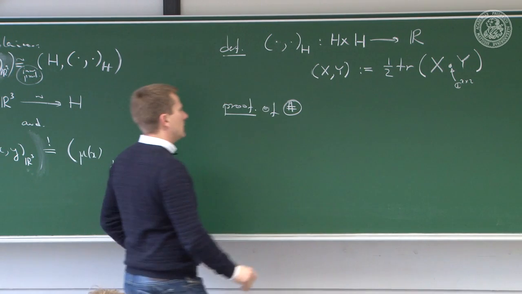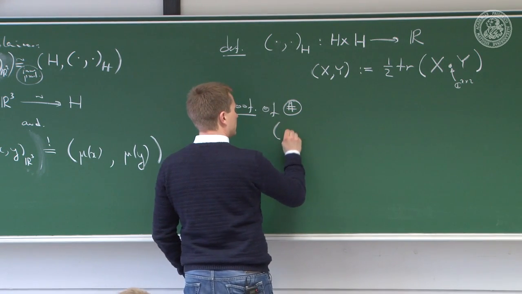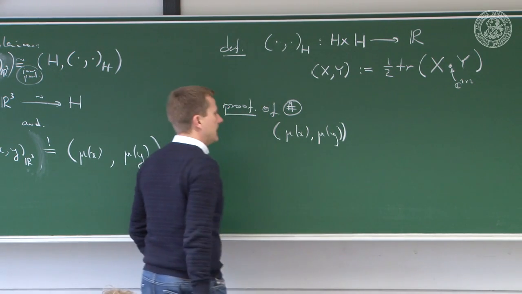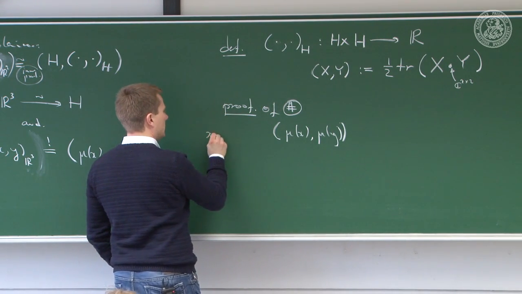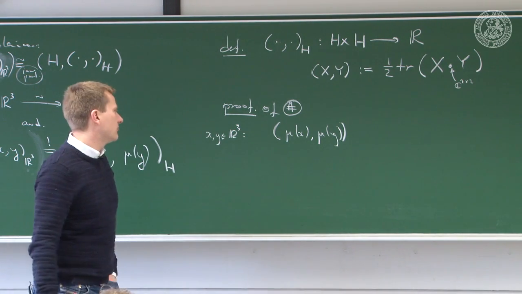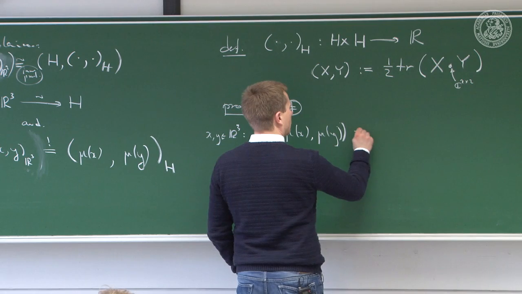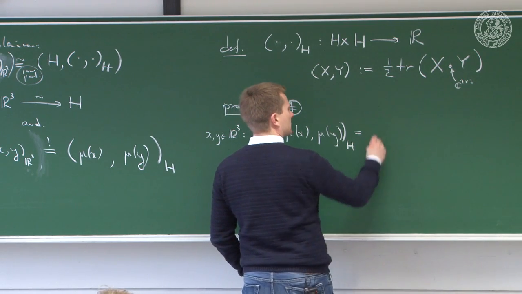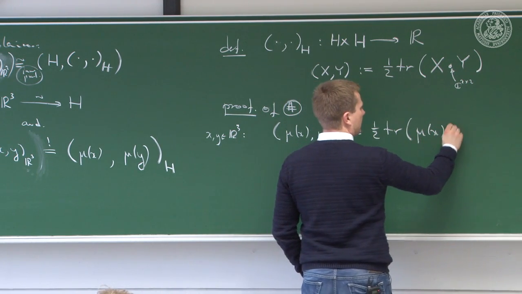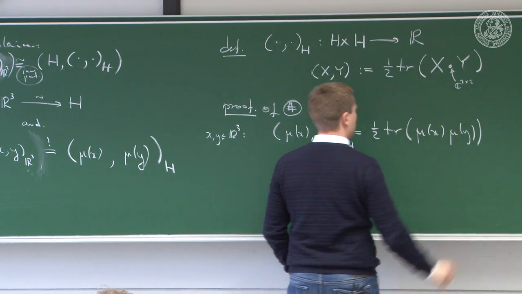Okay. So let's start with the mu of some x and the mu of some y, where x and y are of course just elements in R3, vectors here, with respect to h. So what is this? This is 1/2 the trace times mu of little x, mu of little y.